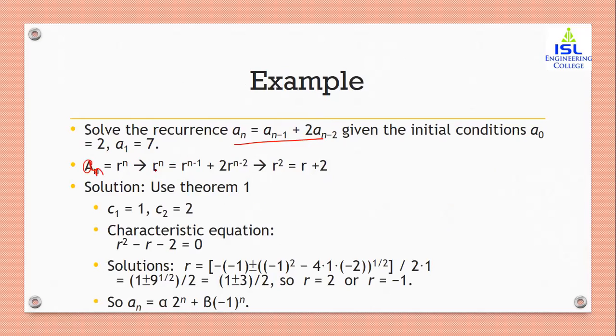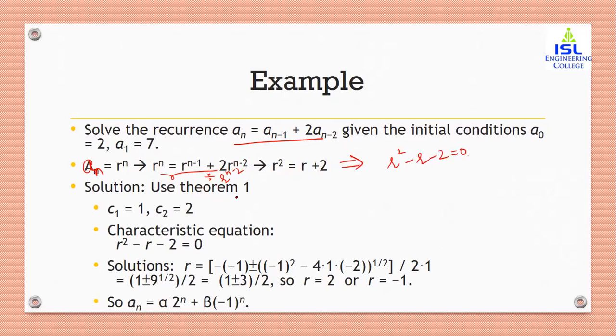So we have r^n equals r^(n-1) plus 2r^(n-2). Now we divide this equation by the smallest r power term, r^(n-2), and we get r squared equals r plus 2, which can be written as r squared minus r minus 2 equals 0.